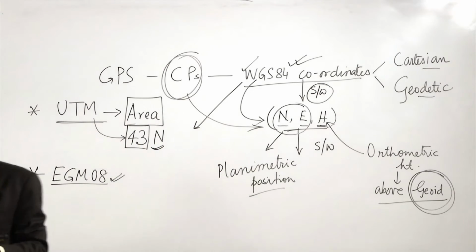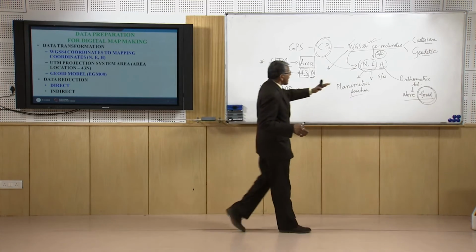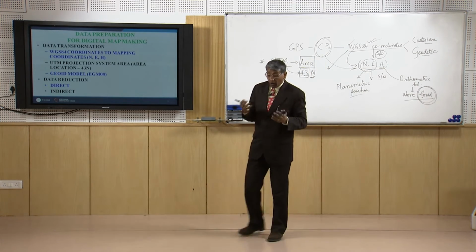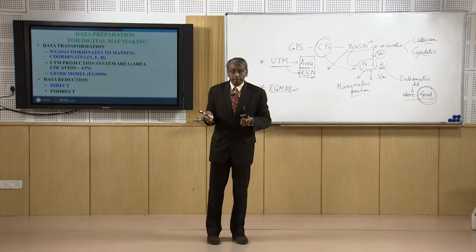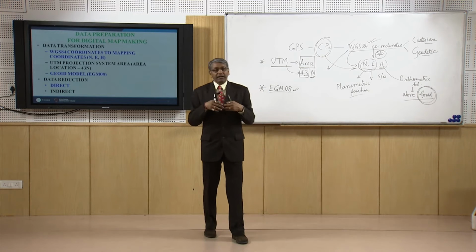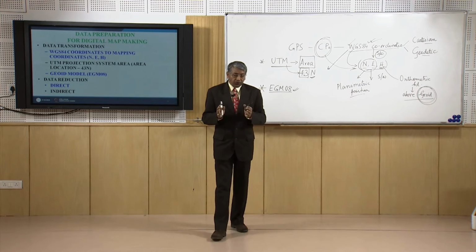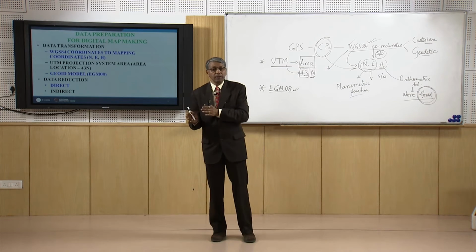So if we make use of the NEH coordinates, then all further collection of data will get reduced inside the total station automatically. So further reduction of data will not be required.